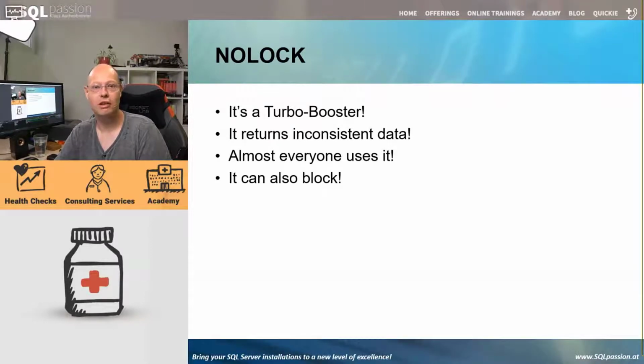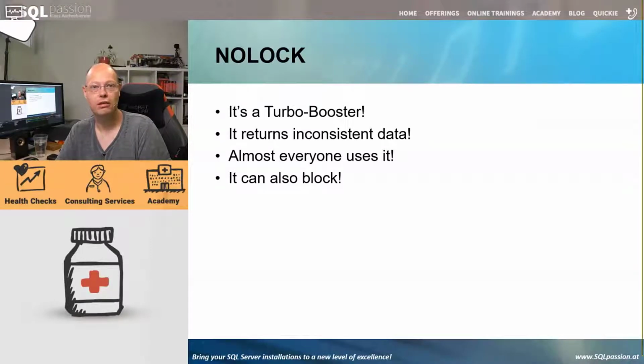But on the other hand, the side effect is, as the name implies, no lock: SQL Server doesn't lock our records anymore when we are reading records. So the NOLOCK query hint just applies to select statements when we are retrieving records from our database.